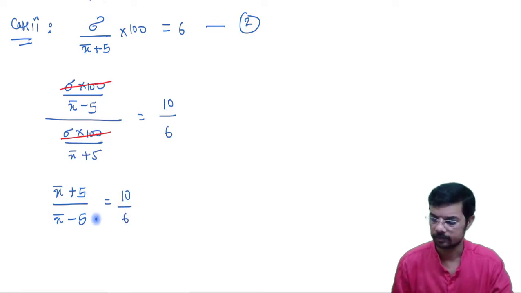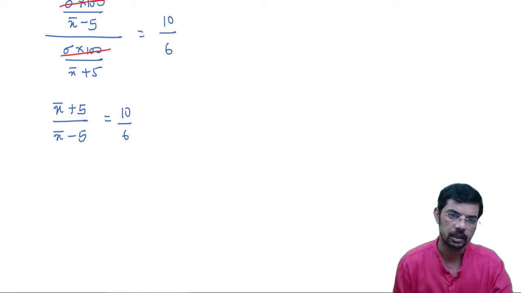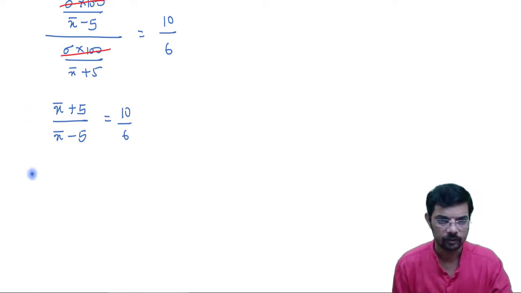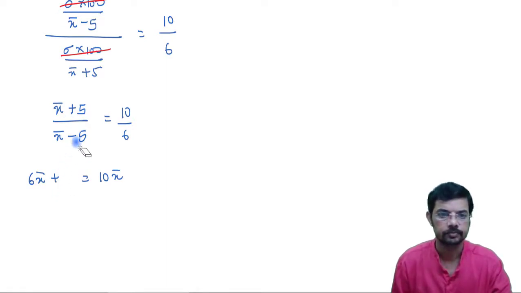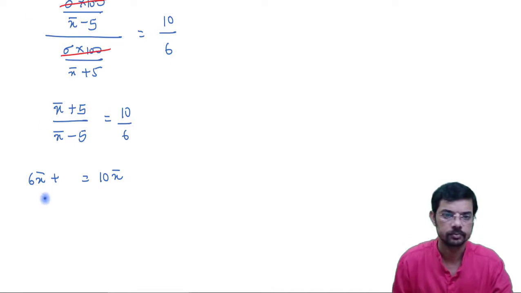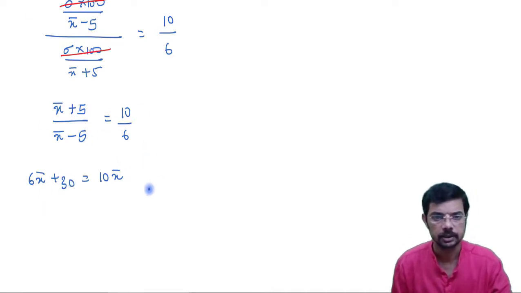We can further solve this as a linear equation in x bar. So we have 6 into x bar plus 5 equal to 10 into x bar minus 5. 6 fives are 30, and 10 x bar minus 5 tens are 50, minus 50.